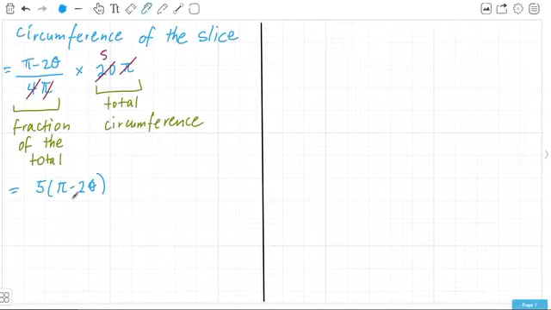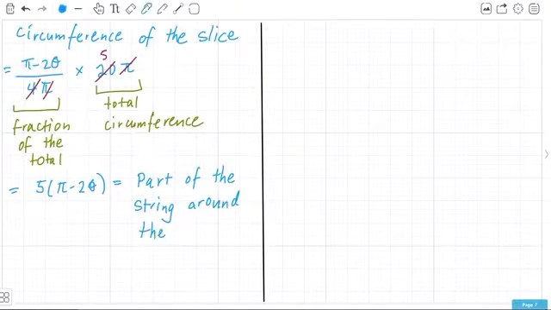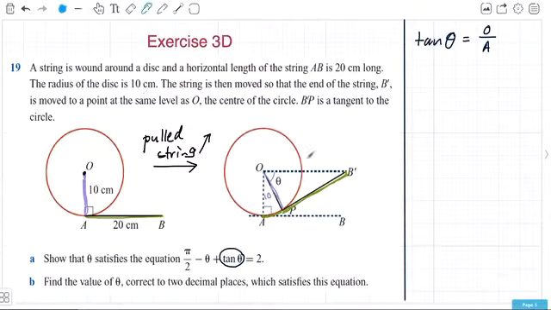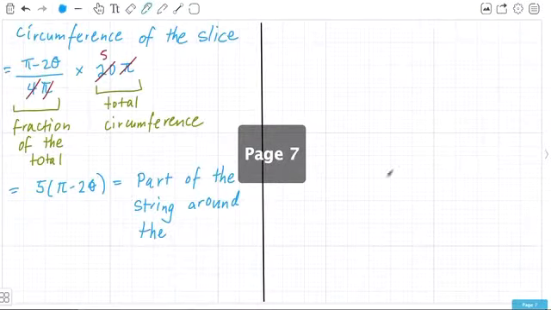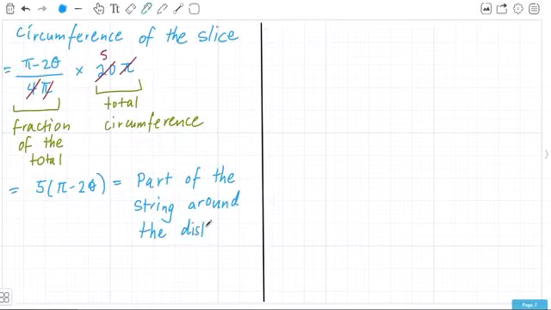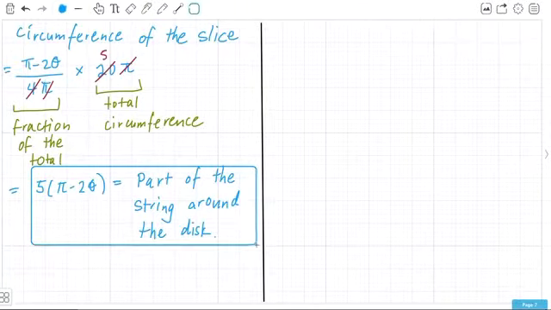So that's going to be the part of the string around the circle. I can't remember if this was a disc. It says it's a disc. It's the part of the string around the disc. It's the little green part. And we'll just put that in a box so we can find it again. So that's one part done.